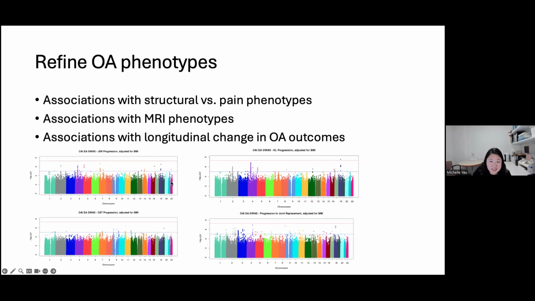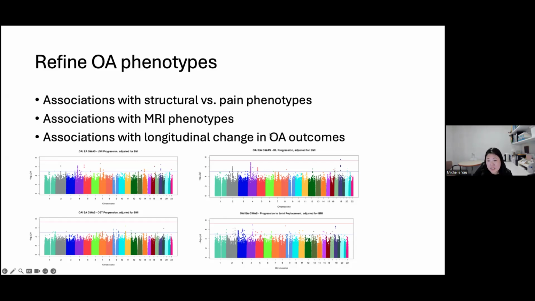And what you'll see in these Manhattan plots is with the OAI data alone, you can't really find anything that's genome-wide significant. There's a number of peaks that look suggestive or look promising, but it's really difficult to just do a GWAS in the OAI and be able to identify anything in it.